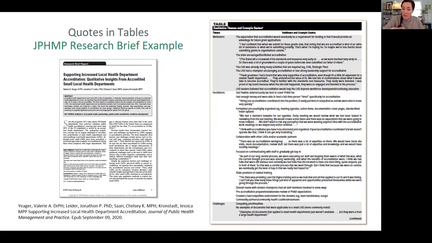And then the sub-themes and examples are on the right side of that table. So you've got a theme, each of the sub-themes, and a quote to describe the sub-theme. In the manuscript, if you're looking for an example of this, you've got the citation here.